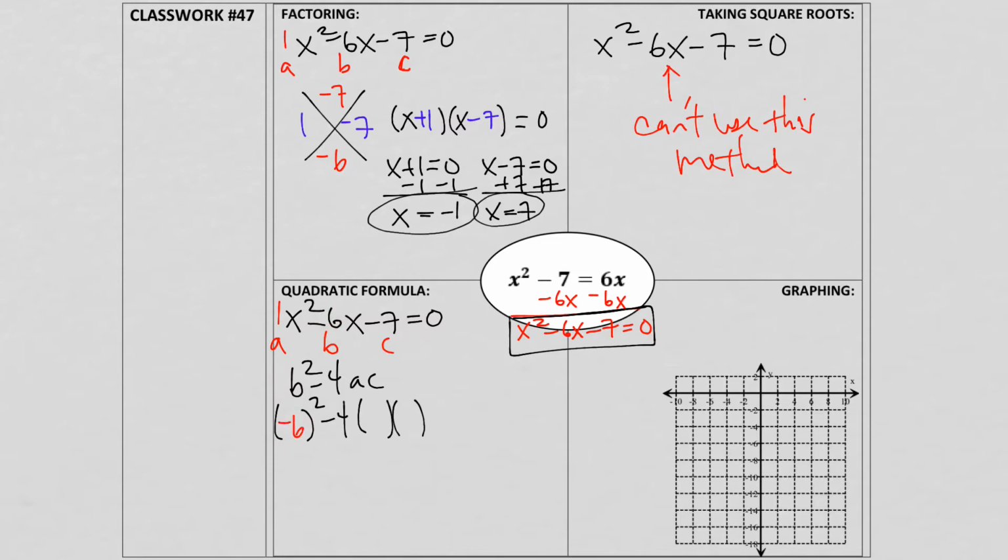And guys, I'm going kind of fast now because this is not new anymore. a is going to be 1, so I'll put a 1 there. And our c value is going to be negative 7, which goes there. So by inputting these values, I can find the discriminant. So I get 36 plus 28. And if I add those together, I get 64.